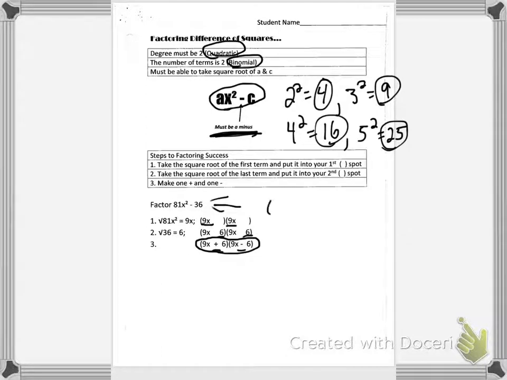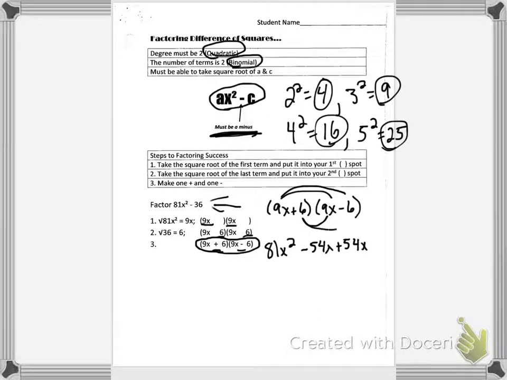And once again, to check our answer, we just FOIL it out. So 9x times 9x gives me 81x squared. 9x times negative 6 gives me negative 54x. 6 times 9x gives me positive 54x. 6 times negative 6 gives me negative 36.